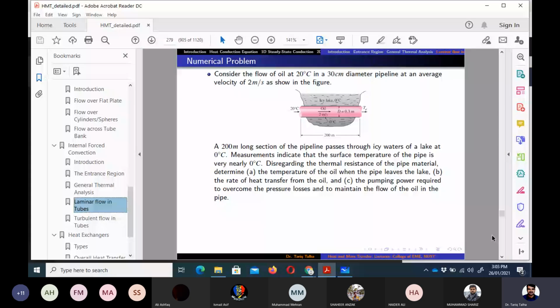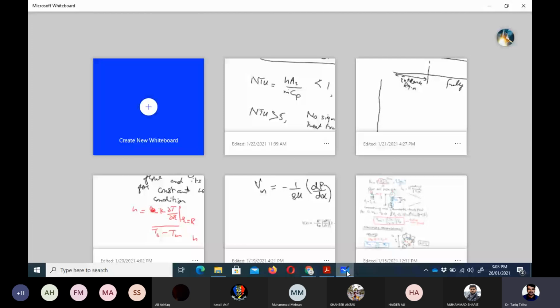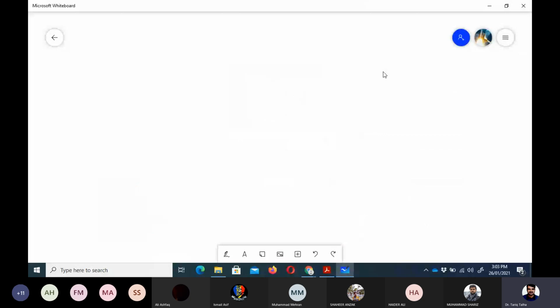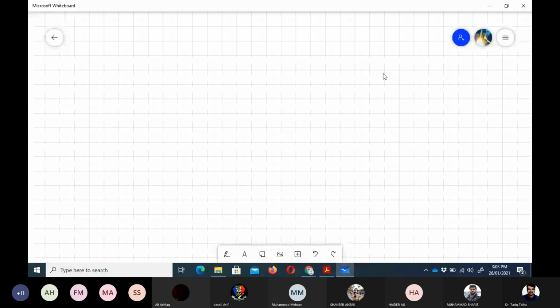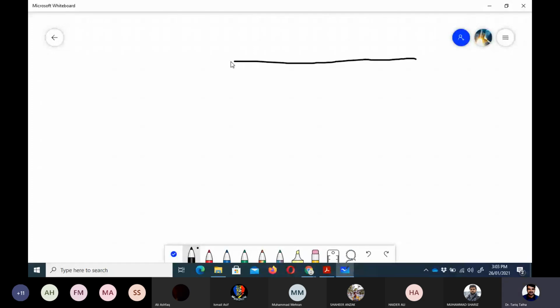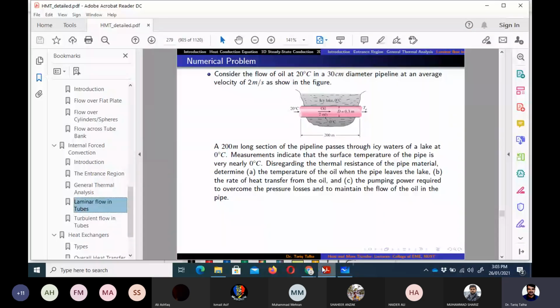So first of all, if I take you on the whiteboard, in this case we have been given a pipe. The inlet temperature, which is Ti, is given. I think the value is 20 degree.